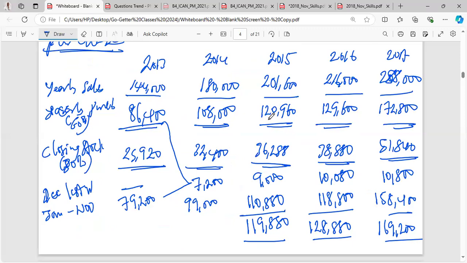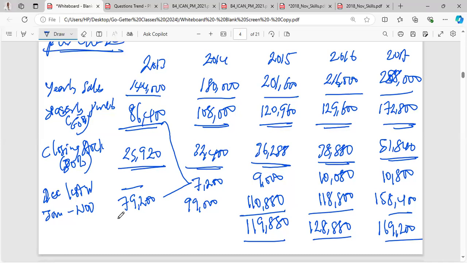You now add the purchase for 2015, then you less the closing stock for 2015. That will give you your cost of sales. You do the same thing for 2016: you take closing stock for 2015, which becomes the opening stock in 2016, bring the purchase, less the closing stock. That's how you do it for the three years.